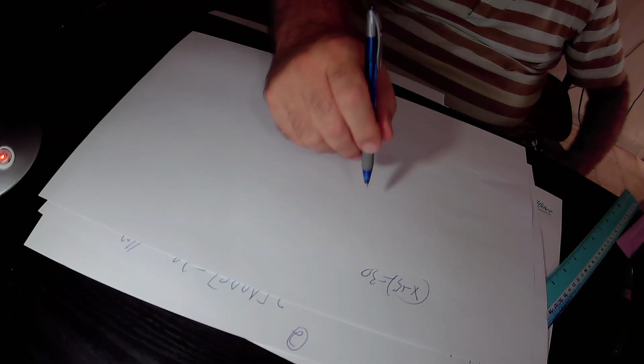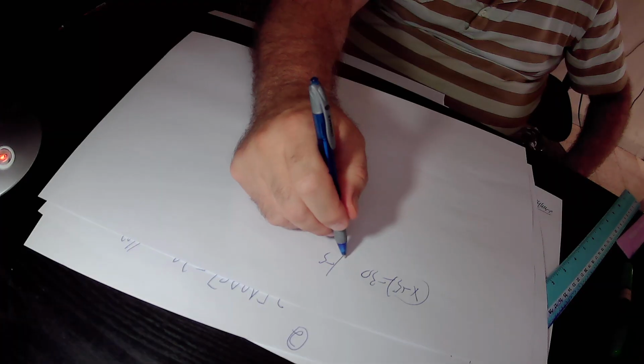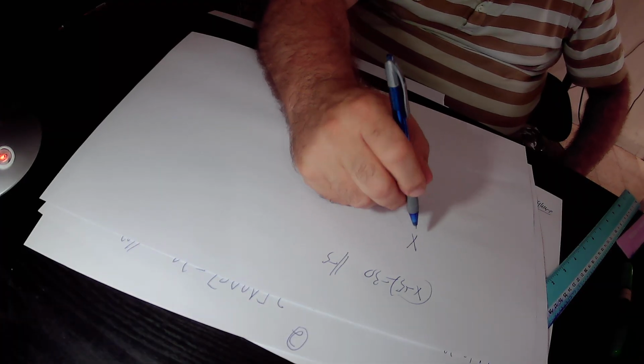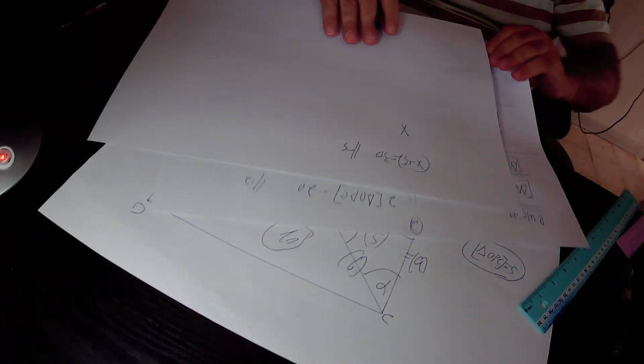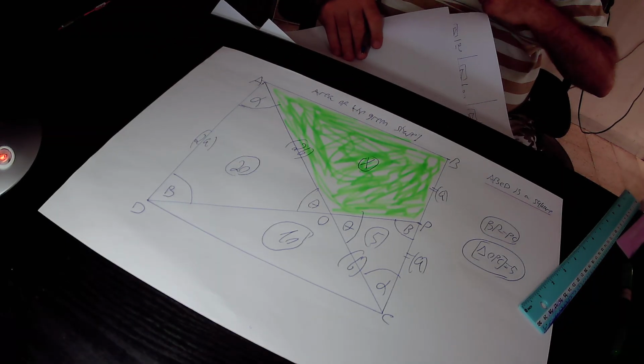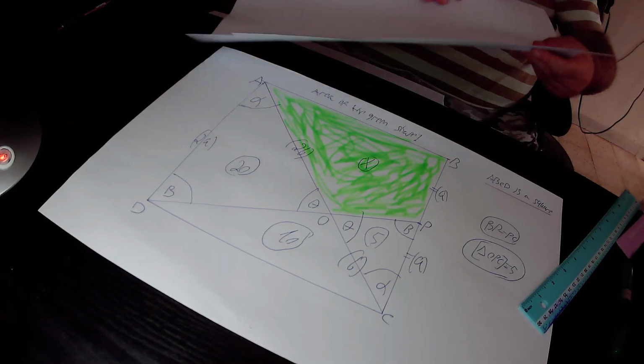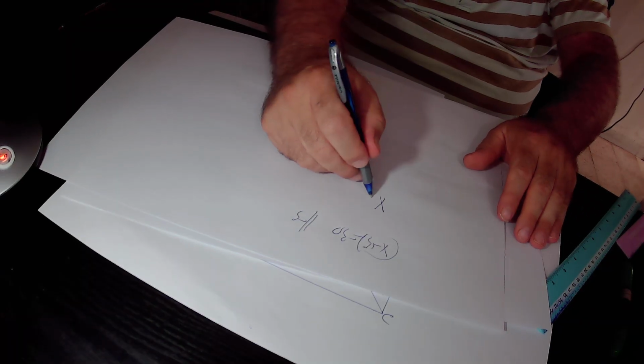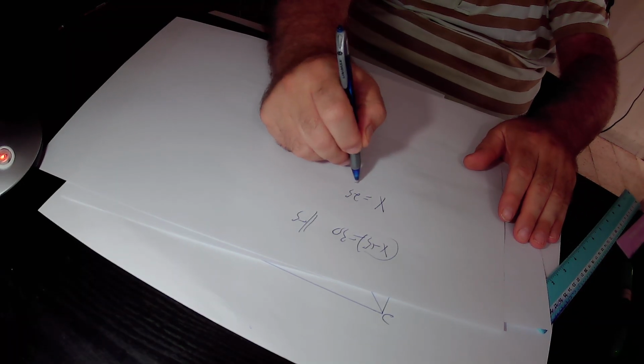Here we subtract 5 from this equation, and finally we get that x, the area of this green shape, that is the area that we are looking for in this question, equals 30 minus 5, that is 25 square units.